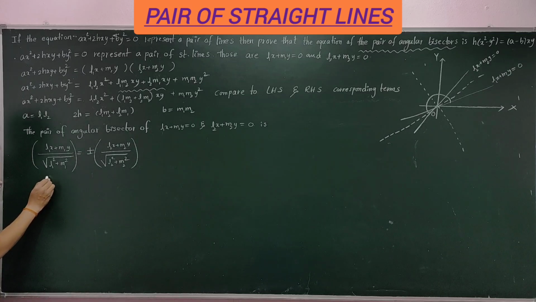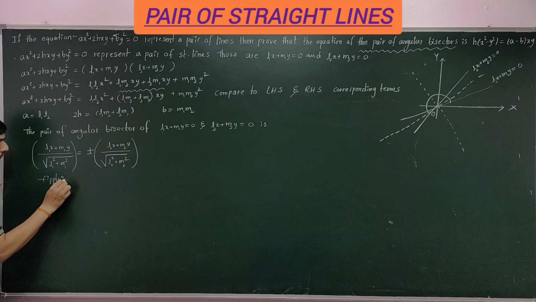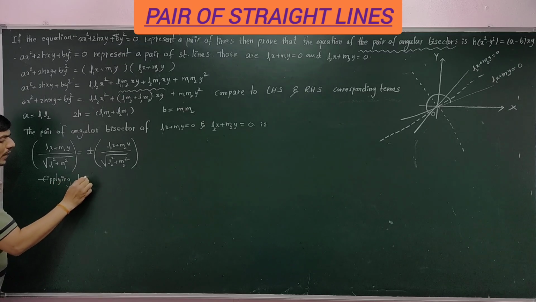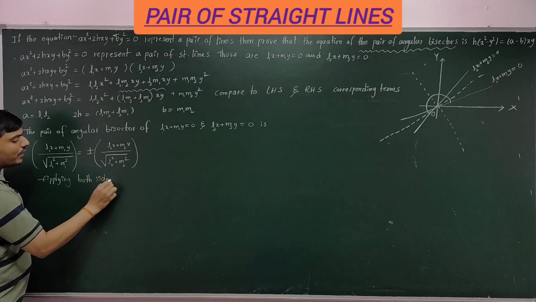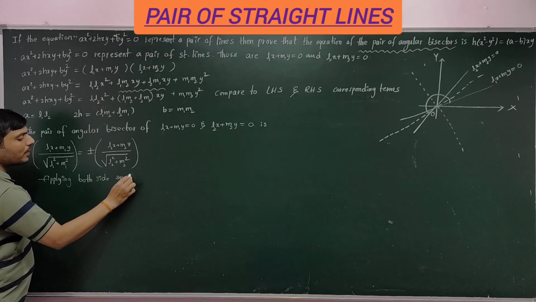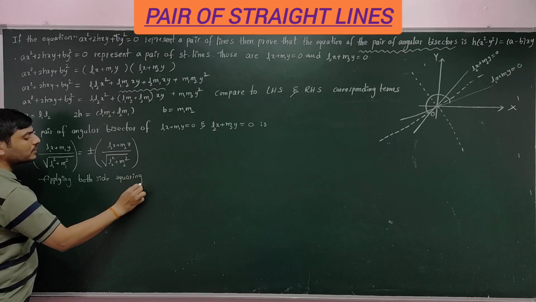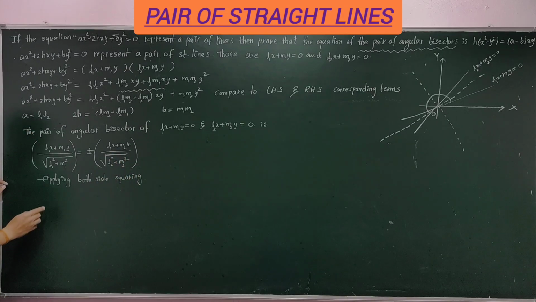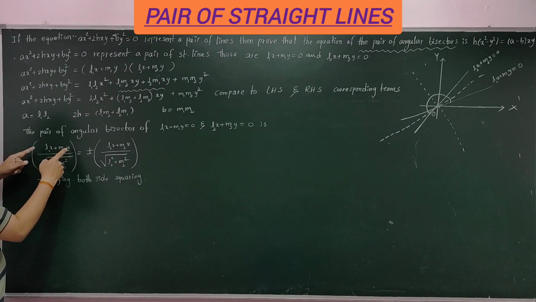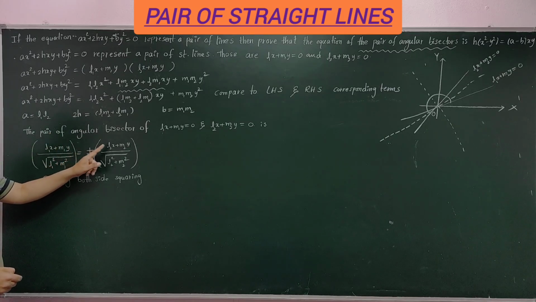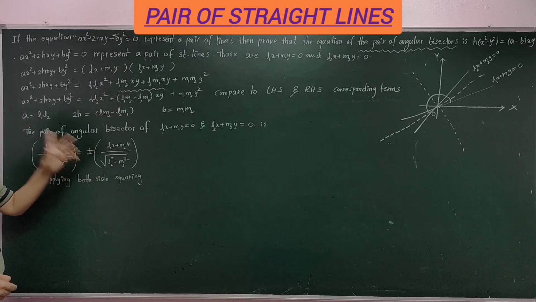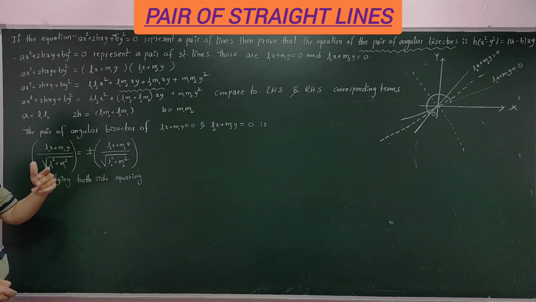Applying squaring on both sides, then if the power is 2, this is a plus b whole square. This root will be cancelled. Here also a plus b whole square, this root will be cancelled. Finally, plus or minus will also be removed.